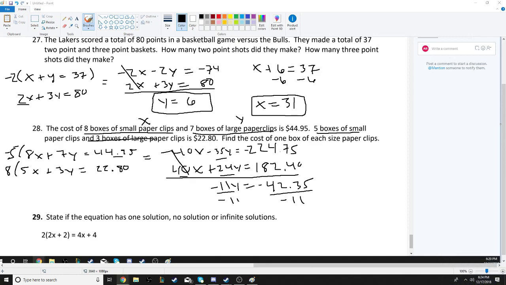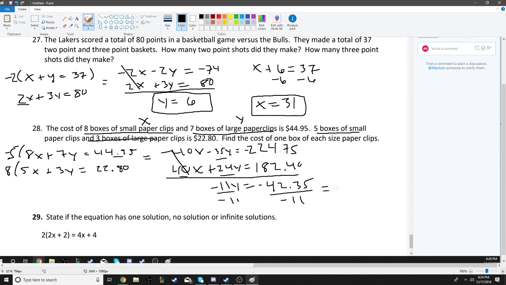Whoops. 182.4 minus 224.75 is 42.35. 42.35 divided by 11. I must have fat fingered a key or something.